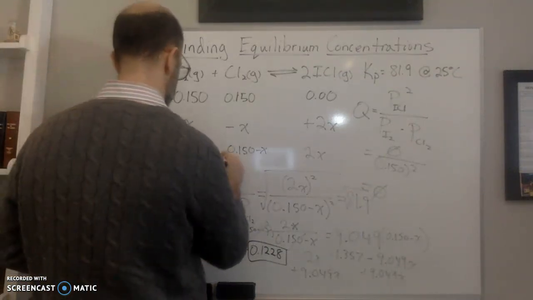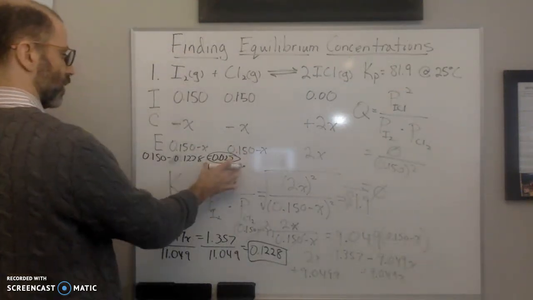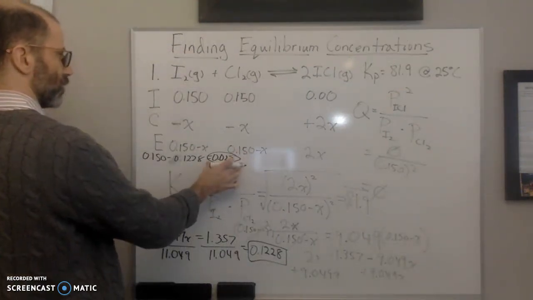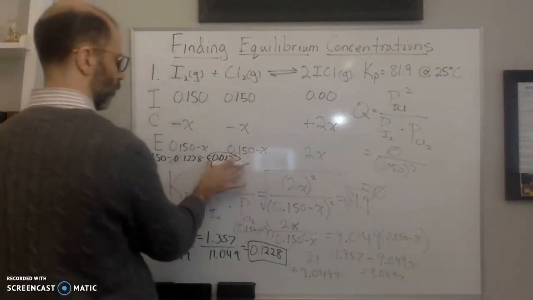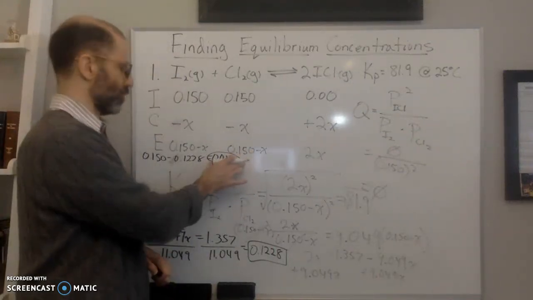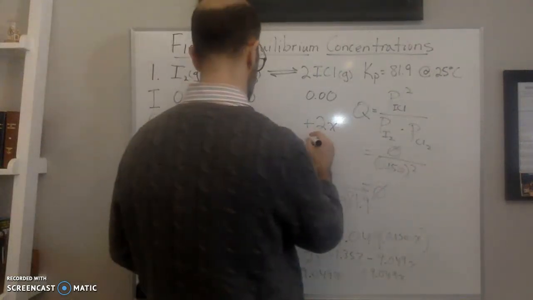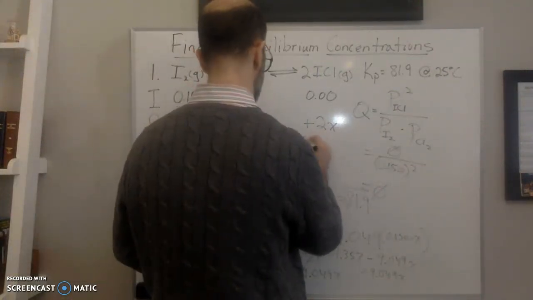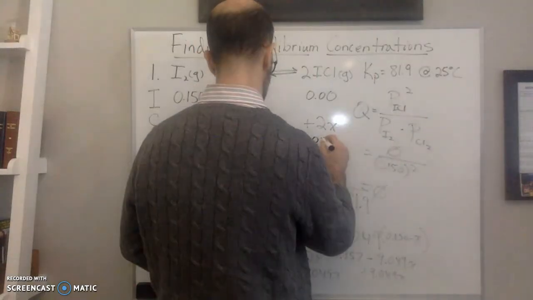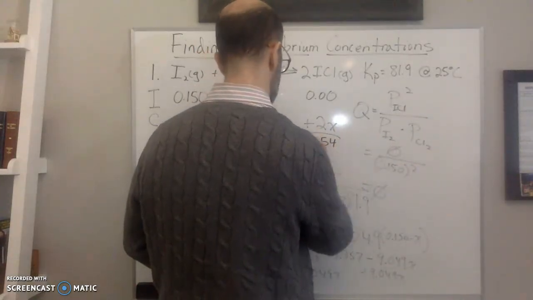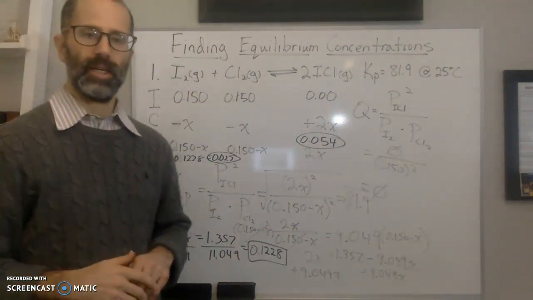So you get 0.027, that's the equilibrium partial pressure of I2. Since these are the same, this is also going to be the equilibrium partial pressure for Cl2. And then if you multiply these together, this will be 0.054. So that would be the partial pressure of ICl at equilibrium.